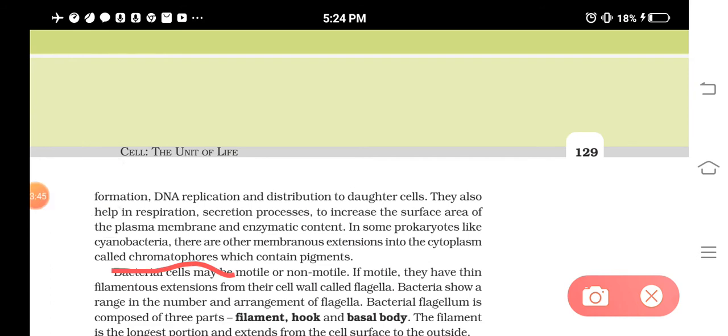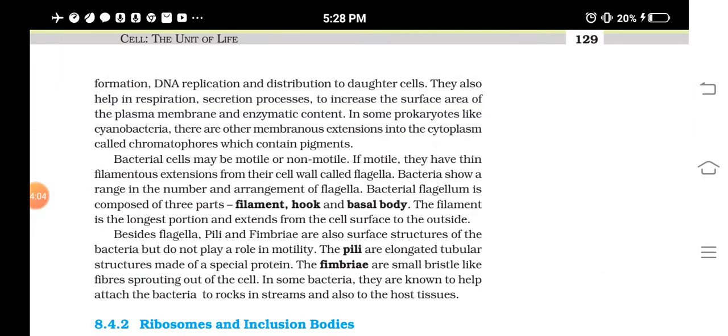These chromatophores contain pigments, because we have studied that blue-green algae can do photosynthesis, isn't it? So they need pigments, and these pigments are present in the chromatophores. Is it clear?